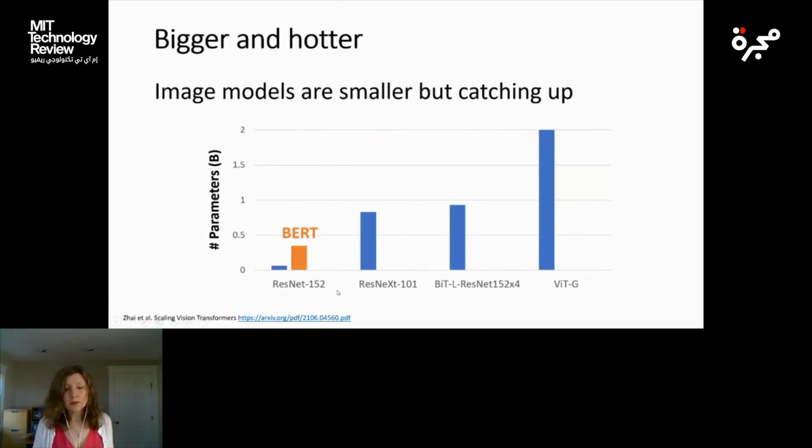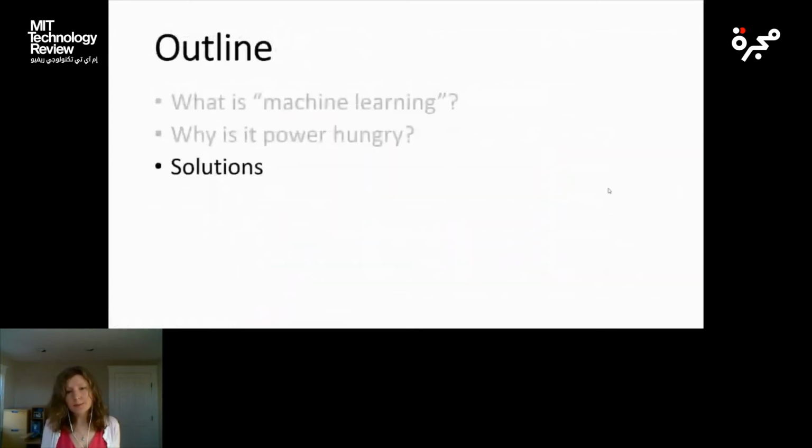So ResNet 152 is smaller than BERT, but ResNext 101 is larger. More recent ones are transformer type models, which are even larger. So you see the last one, ViTG, is a transformer type of model reaching 2 billion parameters. So again, vision is smaller, but catching up in size.